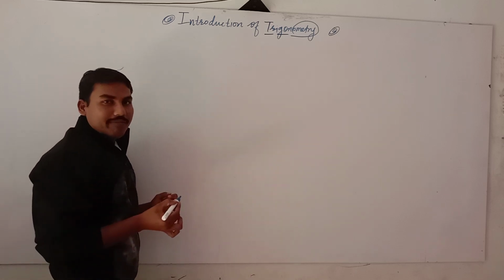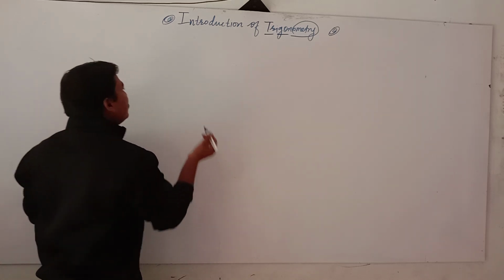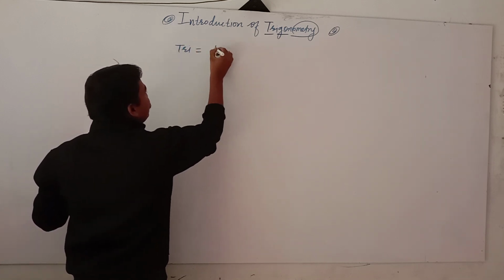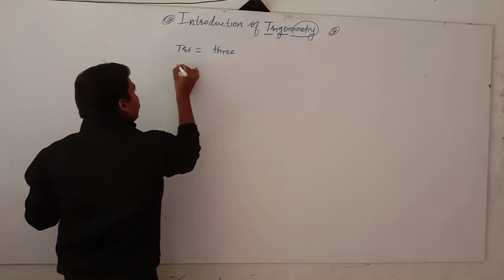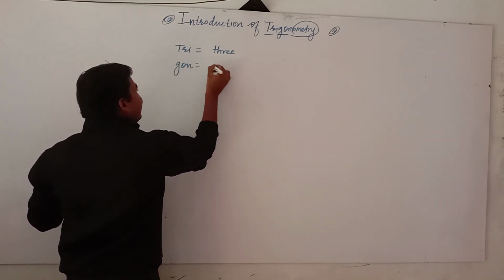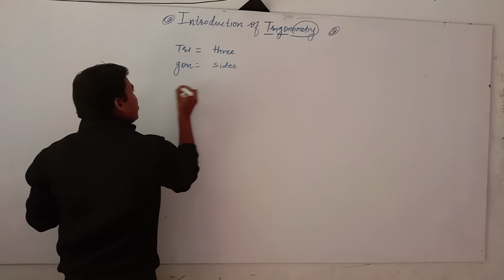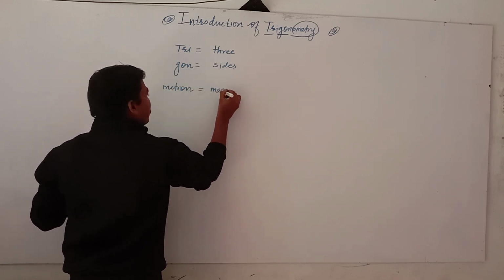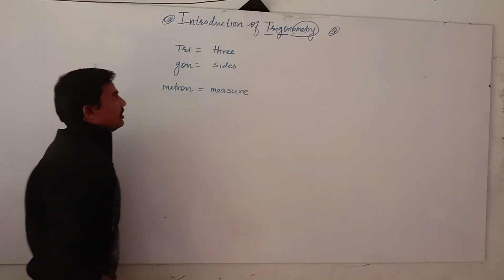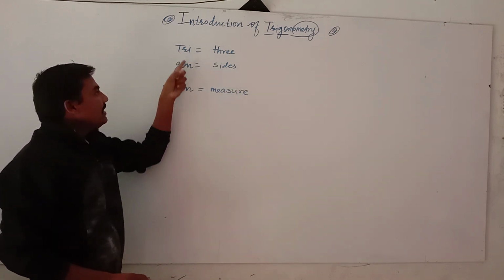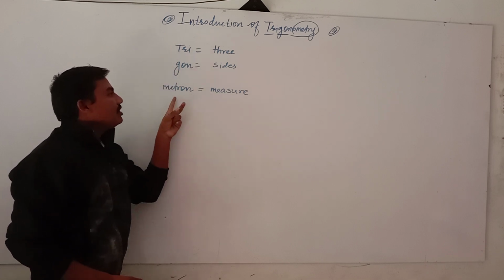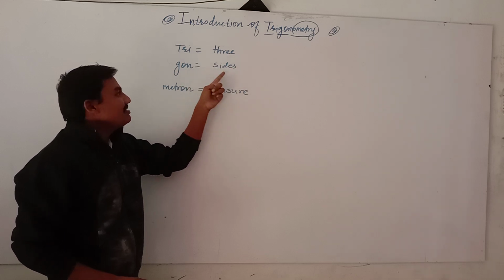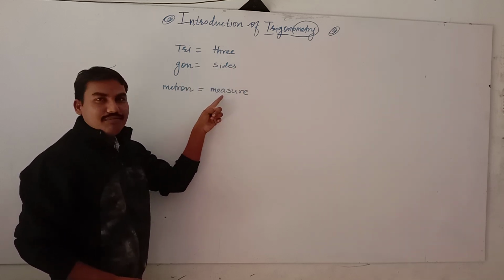These are the three words combined. Tri means three, gon means sides, and metron means measure.